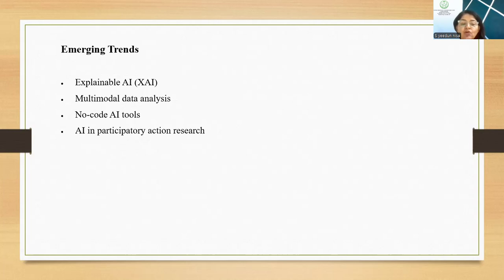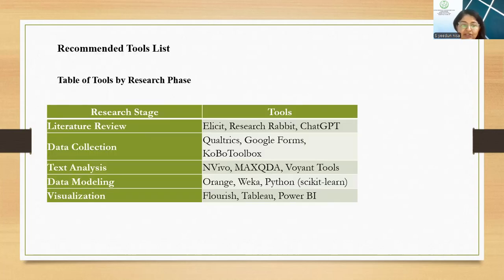And user-friendly no-code AI tools will actually help social scientists, because earlier we believed that coding is mainly for engineers or people who are very familiar with numbers. AI in participatory action research is also very helpful for social science researchers.